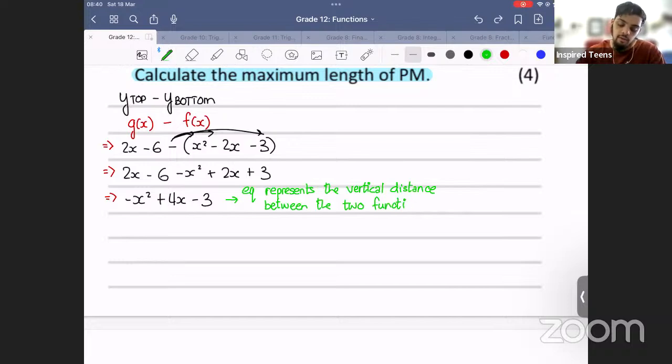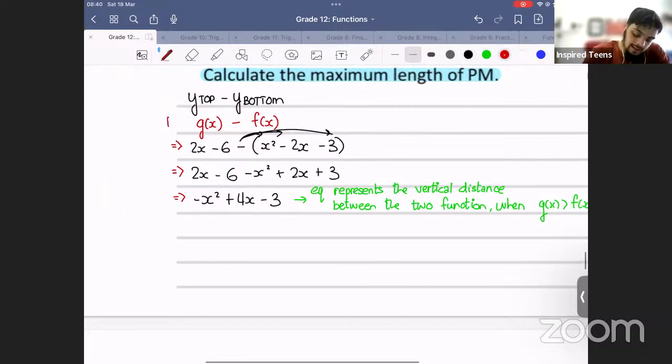However, only when g of x is above f of x. That's what it represents, and that's what it's going to give us, the vertical distance between the graph at any point, as long as we substitute in a coordinate between the function when g of x is above f of x. So now, this is step number 1 done.